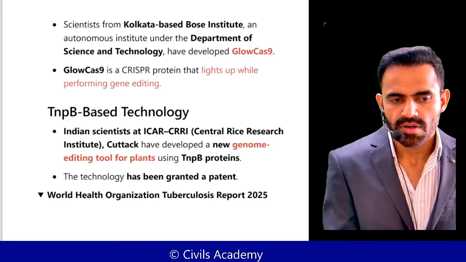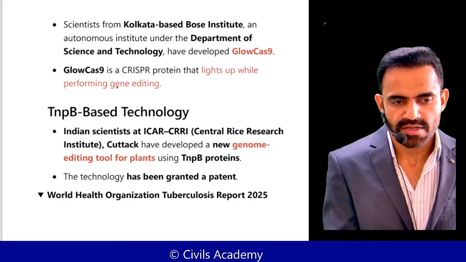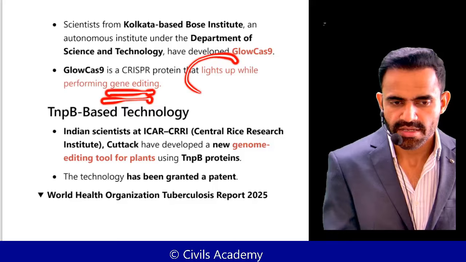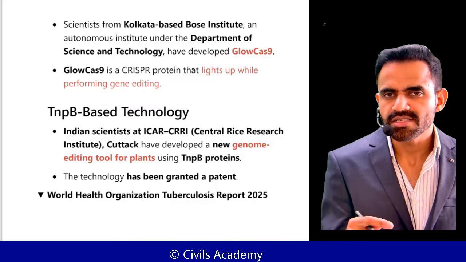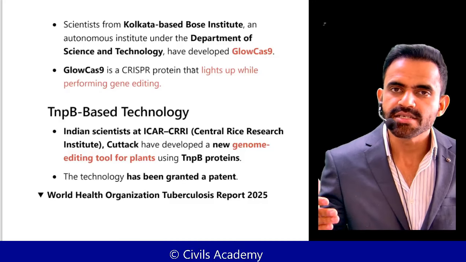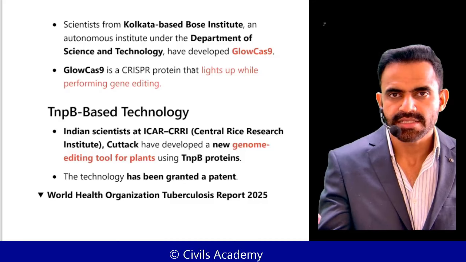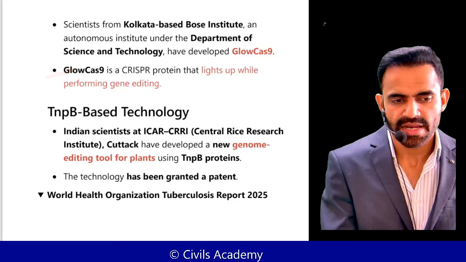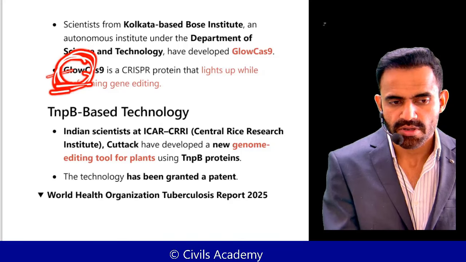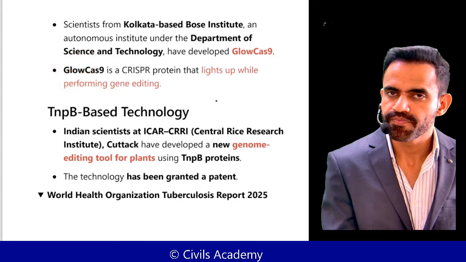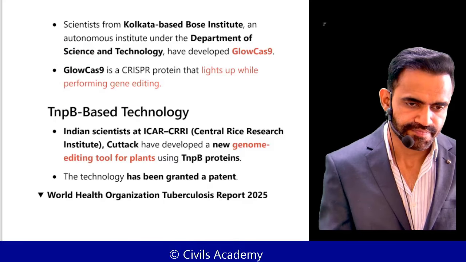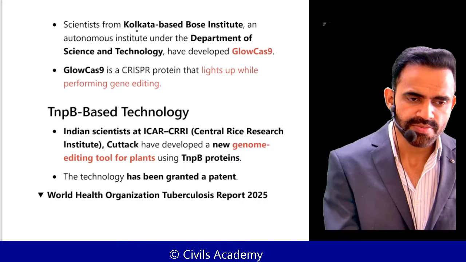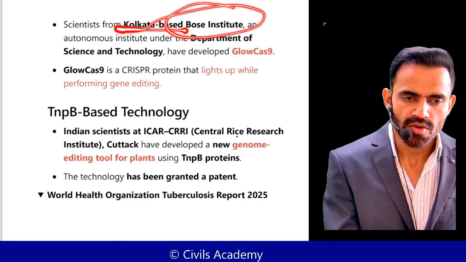So in this case, whenever there will be gene editing, the protein will light up. It's just like, understand, whenever the task is completed successfully, there is a green light. Similarly, in case there will be light, just remember glow. The term glow basically refers to lighting up whenever there will be successful gene editing. So this has been developed by the scientists from the Kolkata-based Bose Institute.